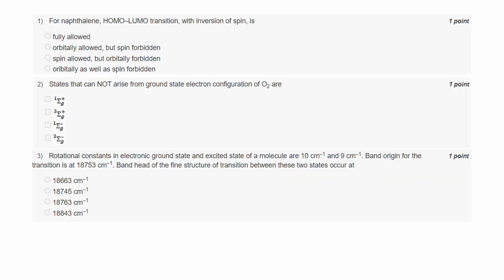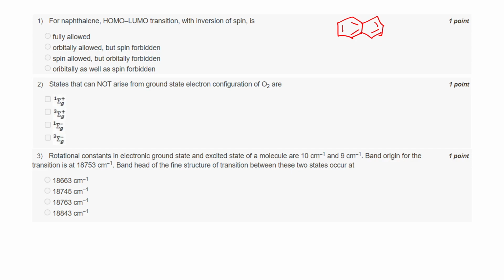Okay, let's start. For the first question, naphthalene homo-lumo transition with inversion of spin. For naphthalene, the case is almost the same as benzene, because the structure is two fused benzene rings.